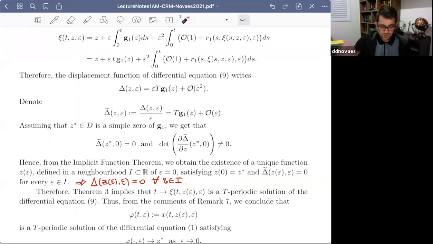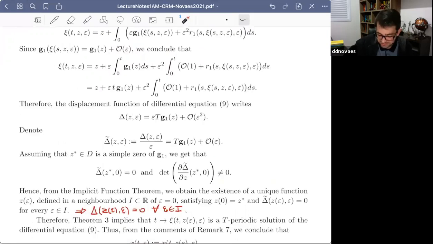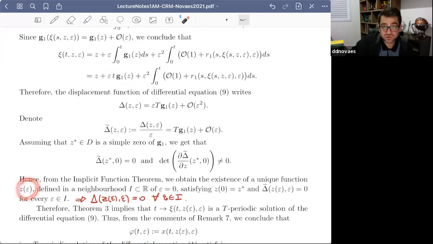So, taking theorem 3 into account, we know that this function is a t-periodic solution of this difference equation, because I find a branch of zeros of the displacement function, and we know that zeros of the displacement function correspond to a periodic solution of the differential equation.